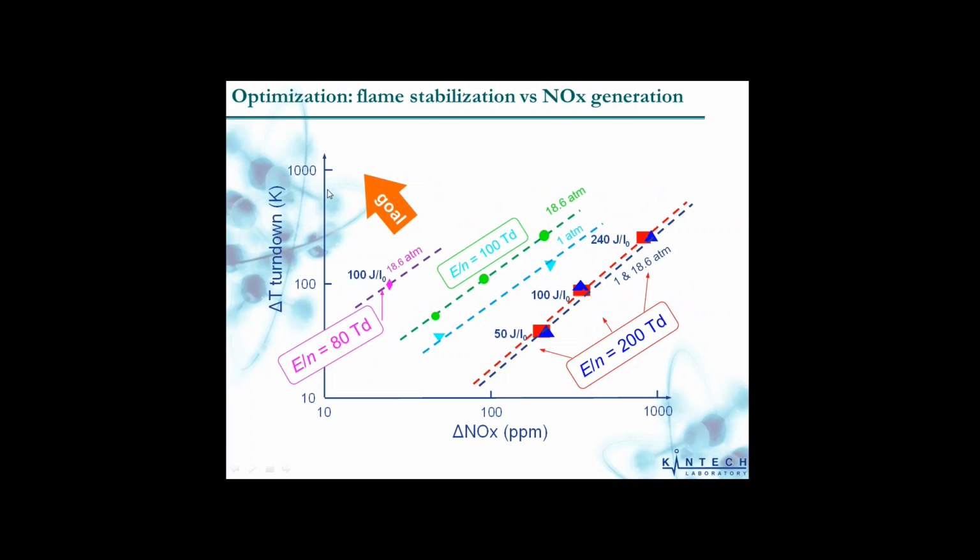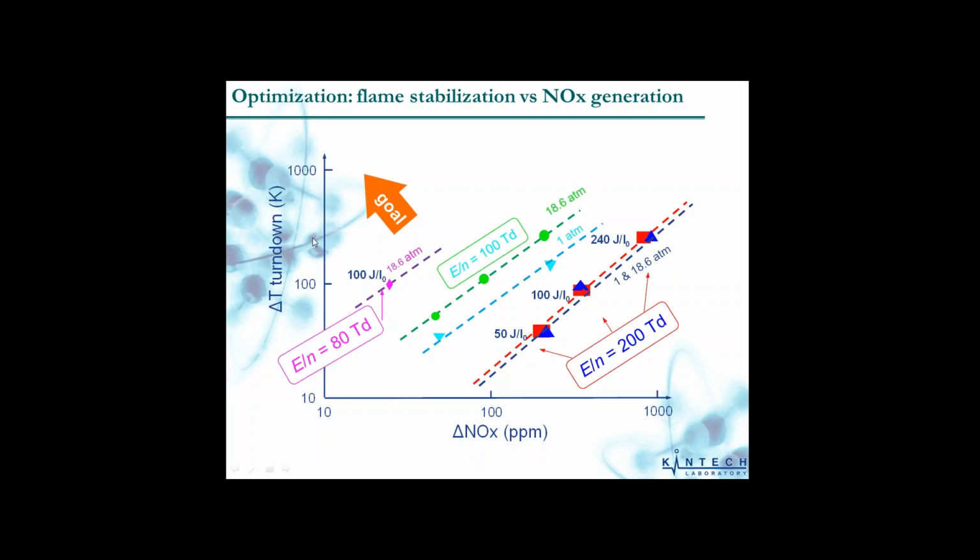But how may we accumulate our knowledge in terms of optimization of the process? This picture presents possible optimization of the process. On the x-axis you see the additional production of NOx in the system, and on the y-axis the change of adiabatic temperature, which correlates with the change of the stoichiometry.